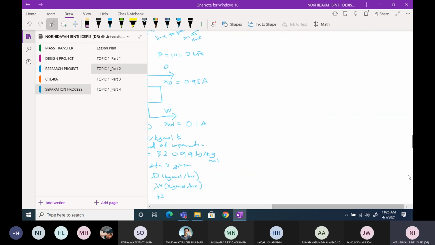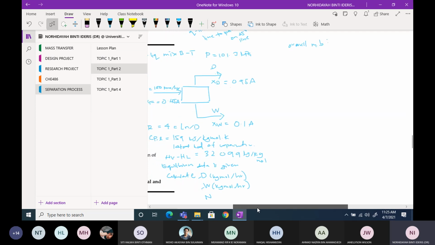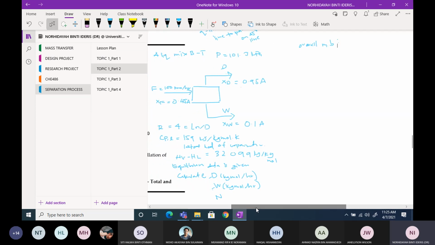Okay, the first one, overall mass balance.